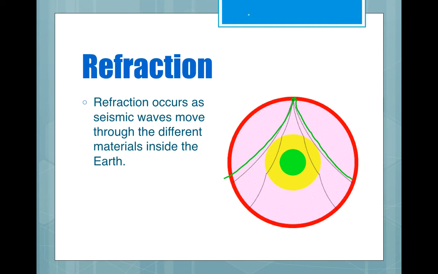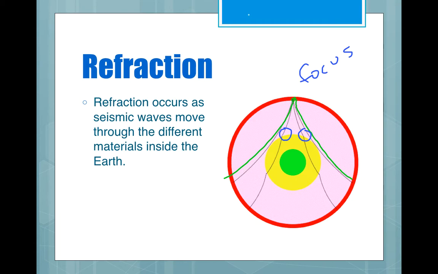Where if you look at this other seismic wave, again released right from that focus, as it hits this different layer of the Earth, there's a bending of that wave. And you can kind of see right here and right there where those seismic waves bend, ever so slightly.